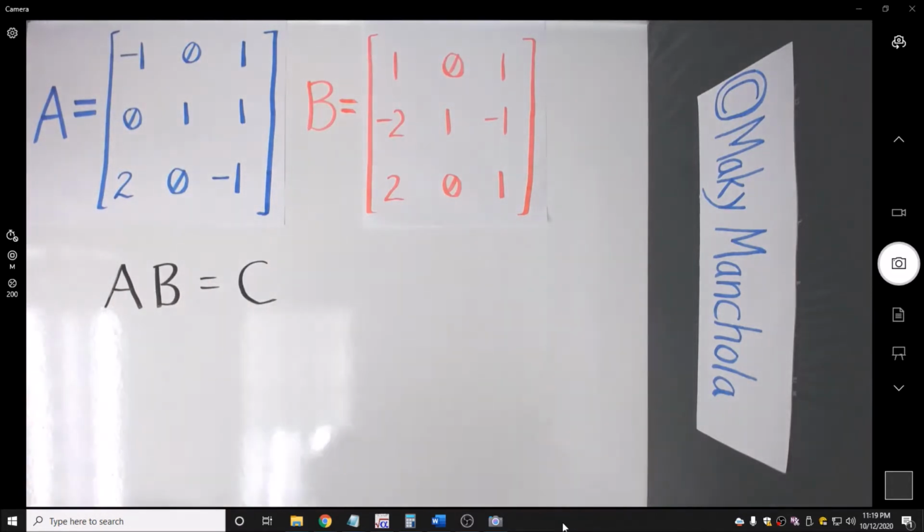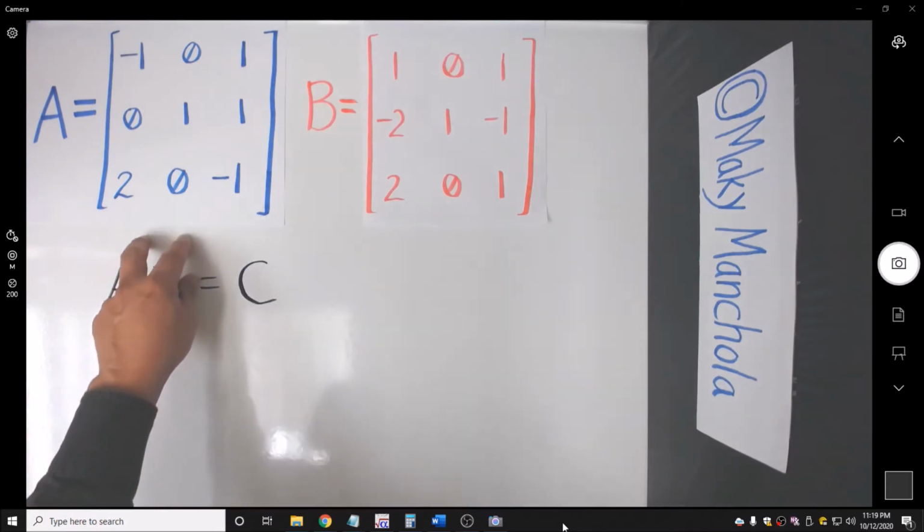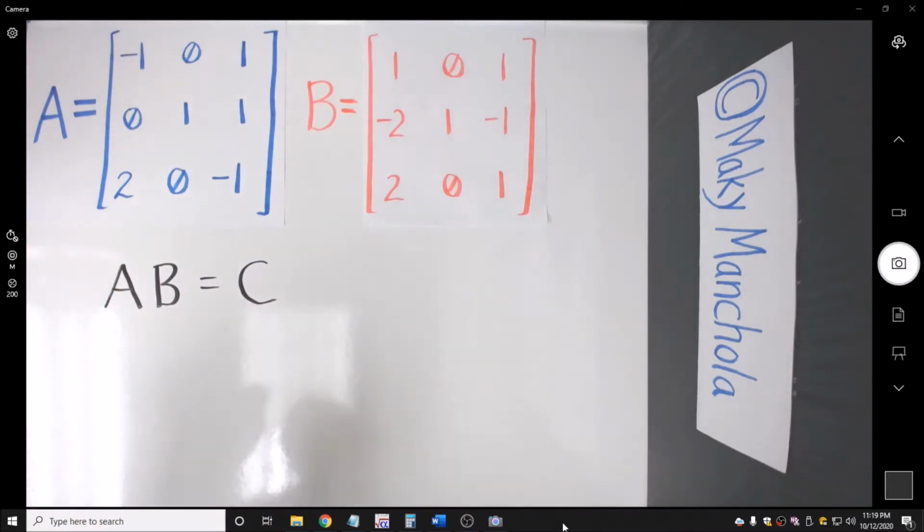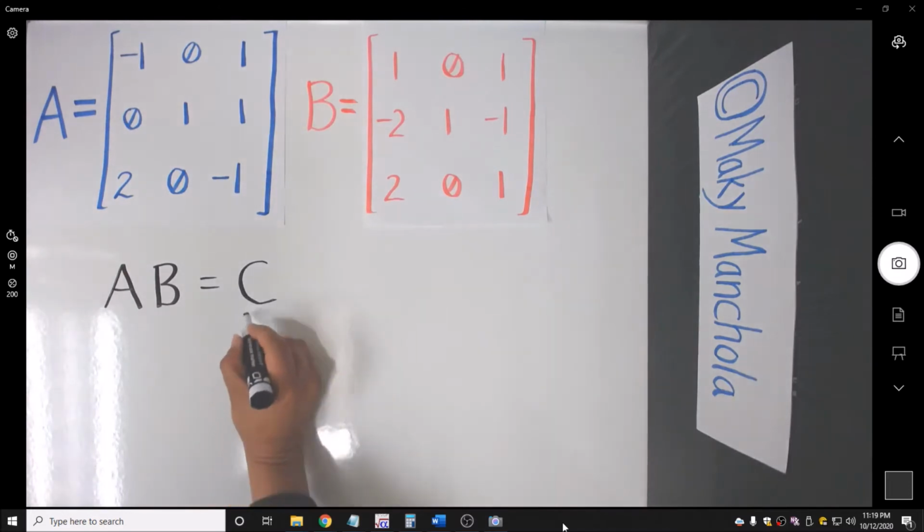Let's observe that since A is 3 by 3 and B is also 3 by 3, the result C is also a 3 by 3 matrix.